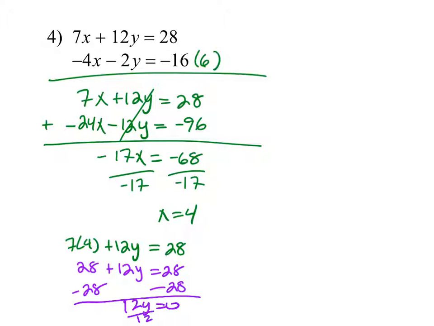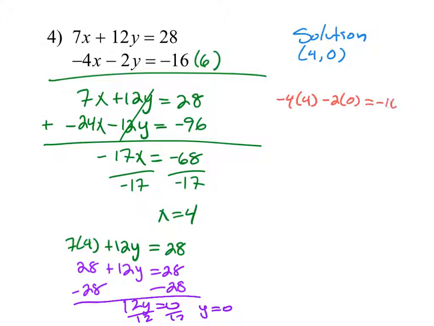So divided by 12, y equals 0. So my solution is (4, 0). Let's check the solution. Negative 4 times 4 minus 2 times 0 equals negative 16. So negative 16 minus 0 equals negative 16. So this is my solution.